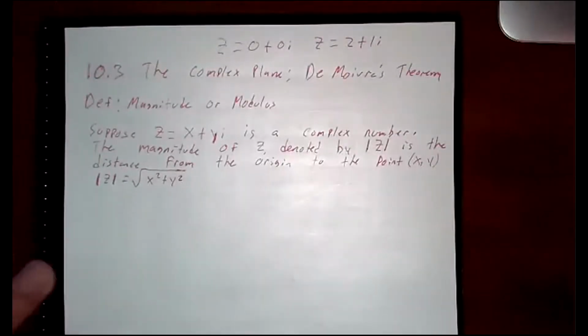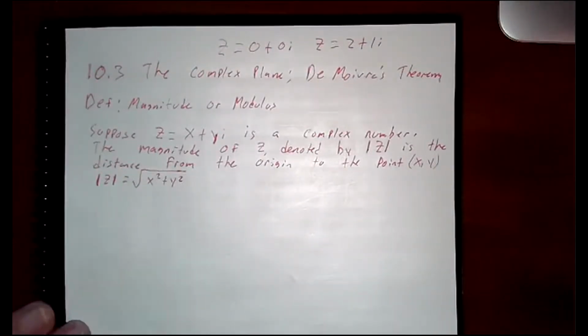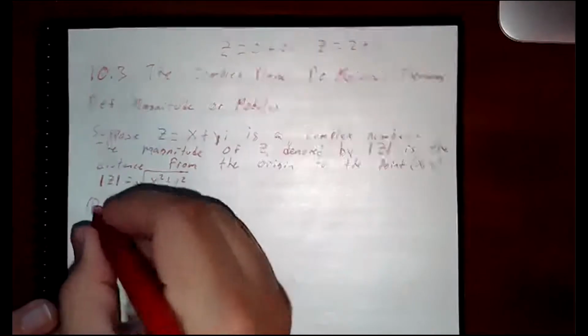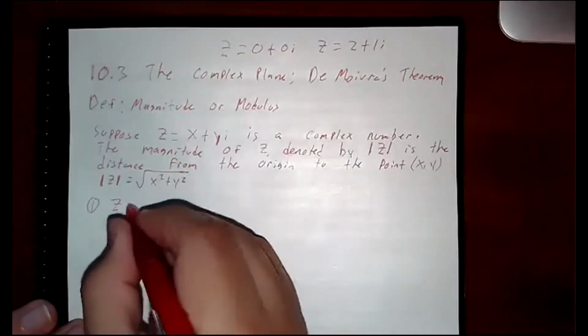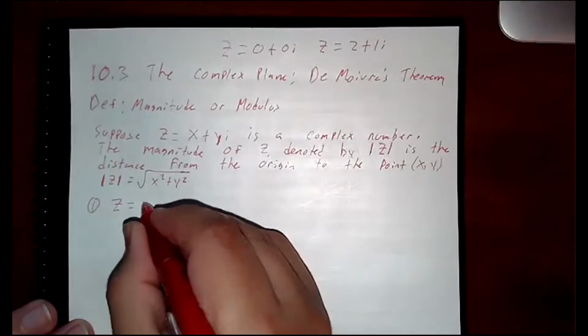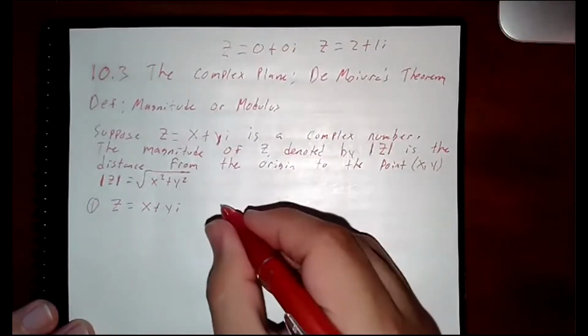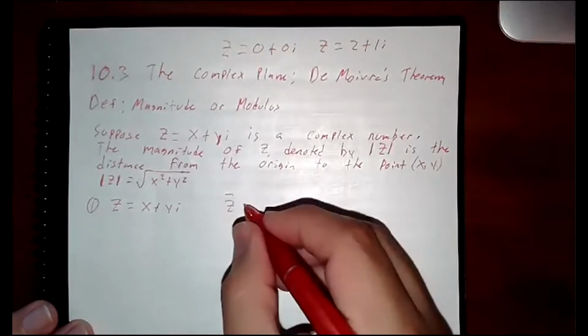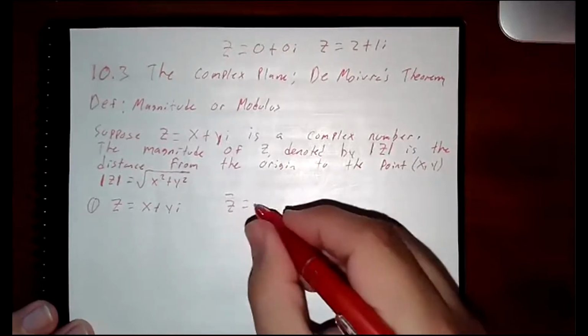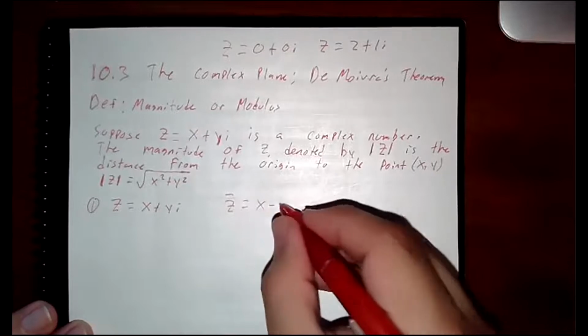All right. So first thing I want to mention, if you have this complex number x plus yi, then the z bar is going to be the conjugate, x minus yi.